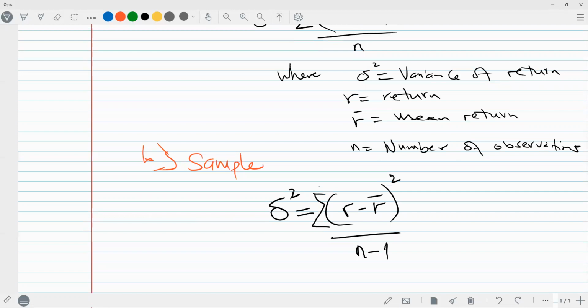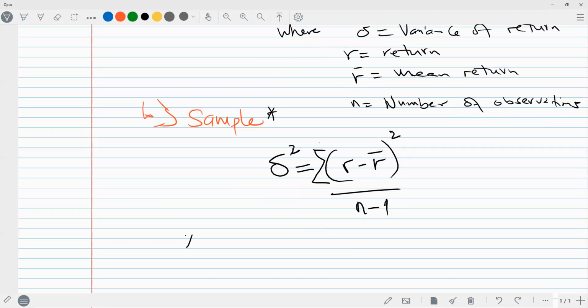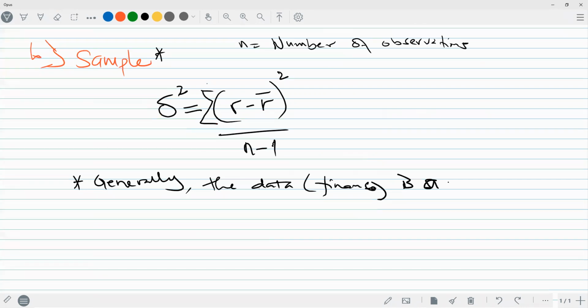As I've mentioned, in finance, let me just clarify here. Generally, in finance, the data set is assumed to be a sample unless otherwise informed.